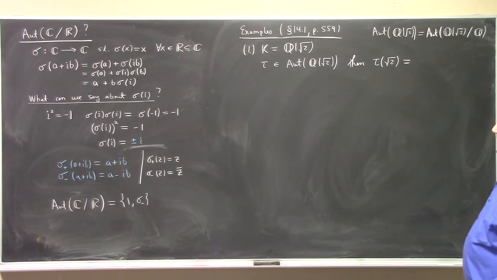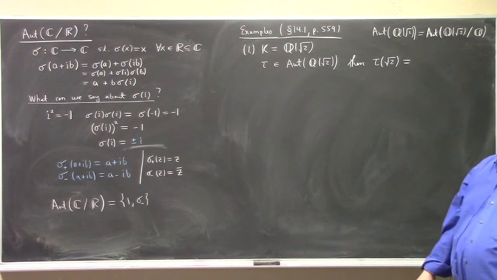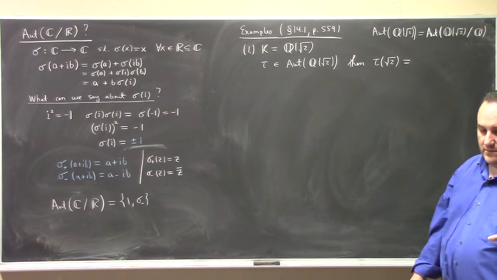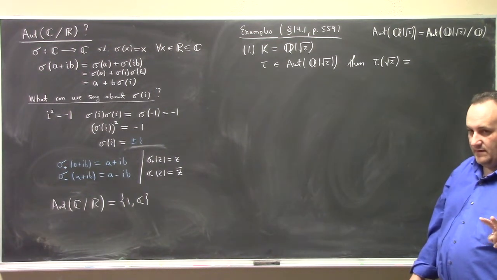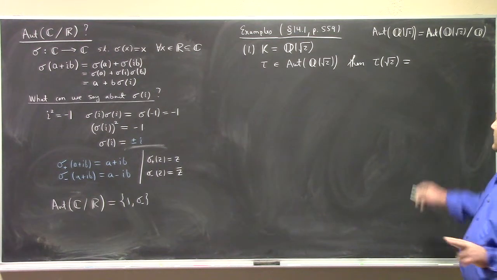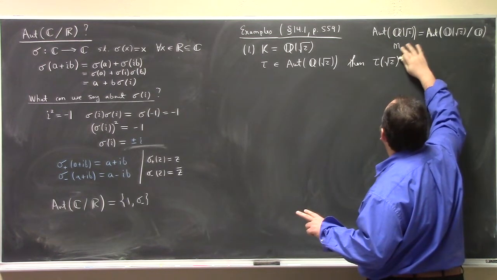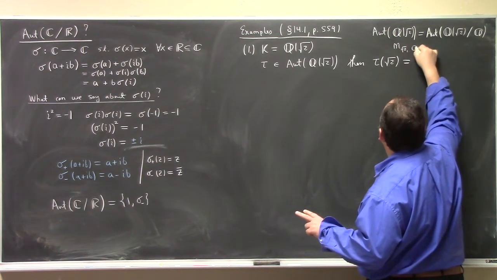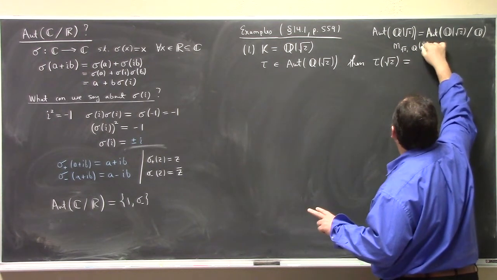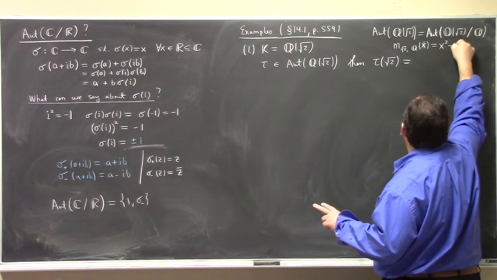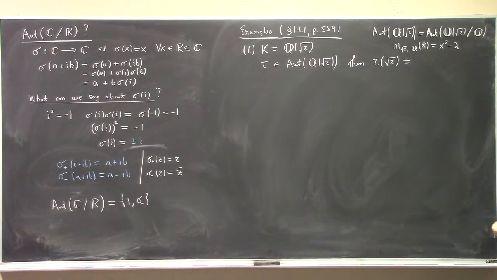What I'm trying to say is the minimal polynomial for the square root of 2 over the rationals is x squared minus 2. Right. So that has two solutions, two roots.